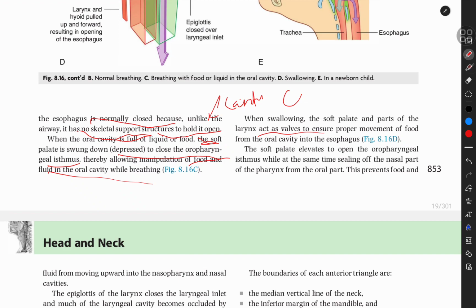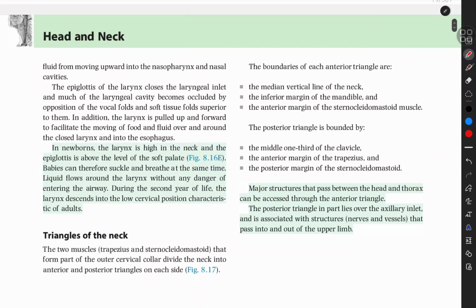The soft palate elevates to open the oropharyngeal isthmus, while at the same time sealing off the nasal part of the pharynx from the oral part. This prevents food and fluid from moving upward into the nasopharynx and the nasal cavities.